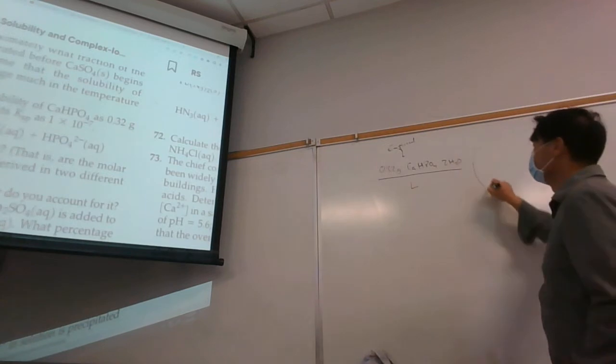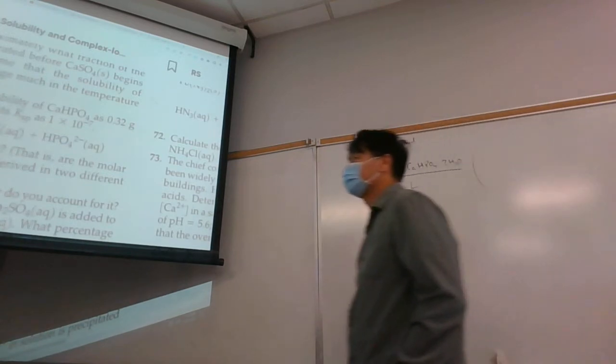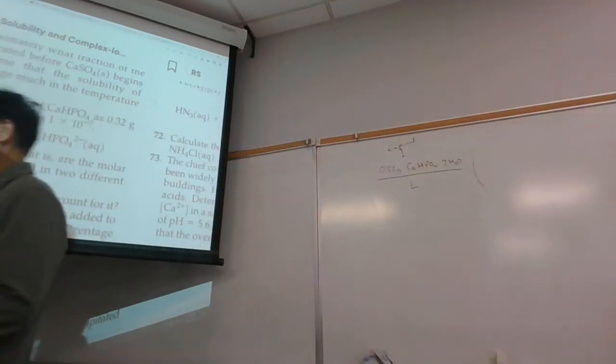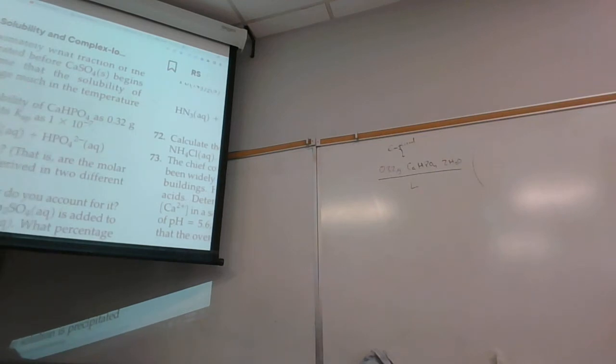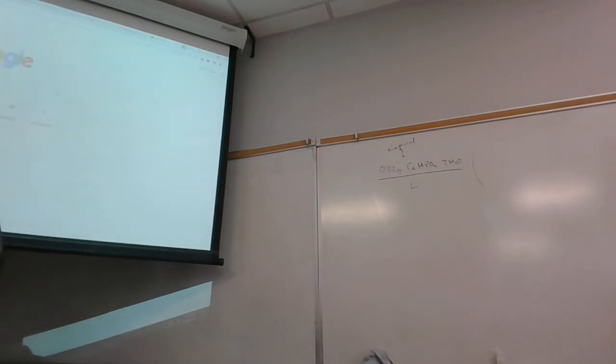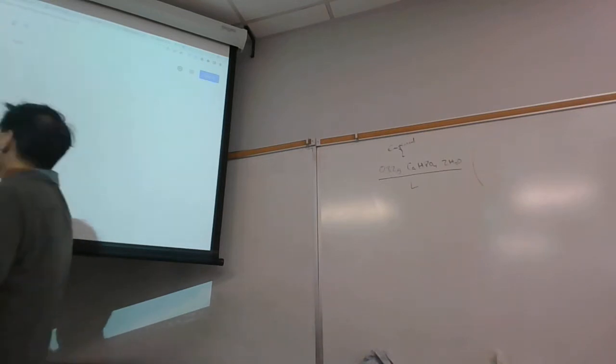And then we need the molar mass of calcium monohydrogen phosphate dihydrate. I don't want to calculate the molar mass, so I'll just look it up here. And that's CaHPO4 dot 2H2O. This is what we call the anhydrous form.